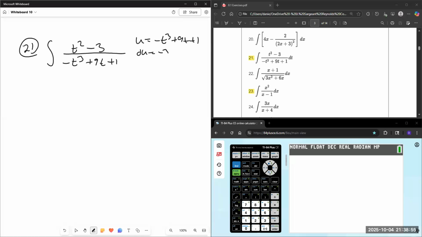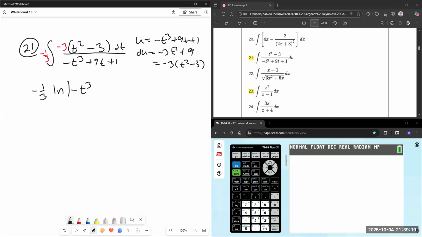Du is a negative 3t squared plus 9, which is a negative 3 times (t squared minus 3). So I need a negative 3 and a negative 1/3. That's a negative 1/3 ln of the absolute value of negative t cubed plus 9t plus 1, plus c.